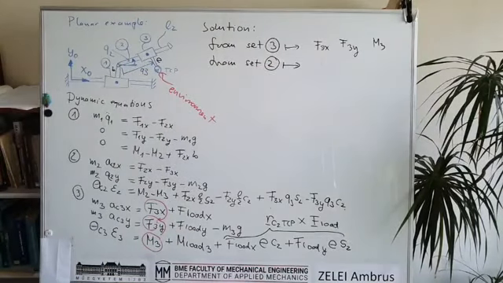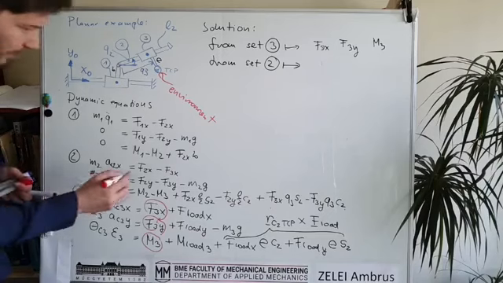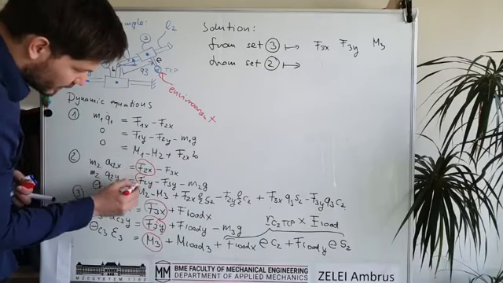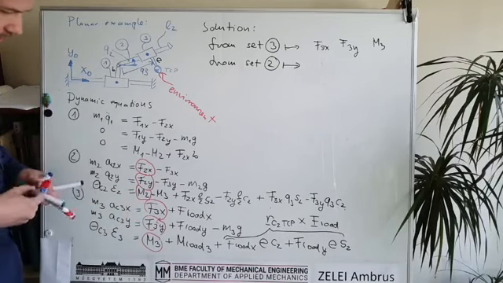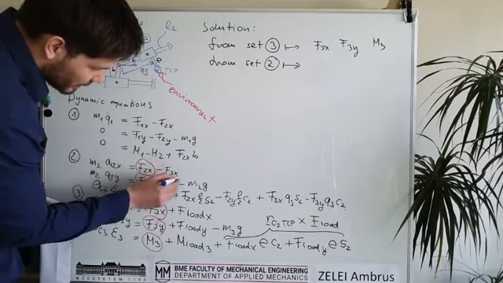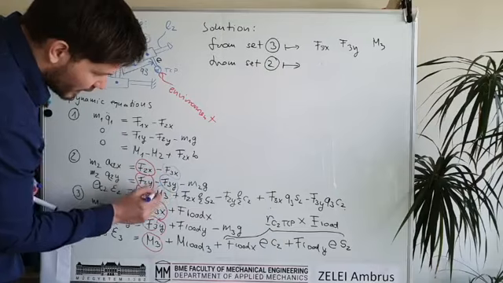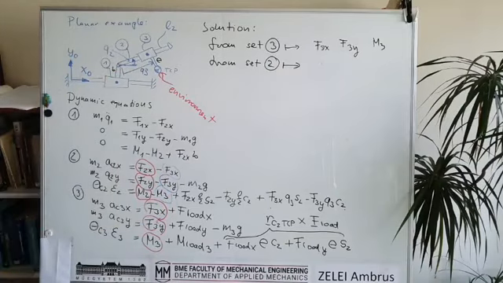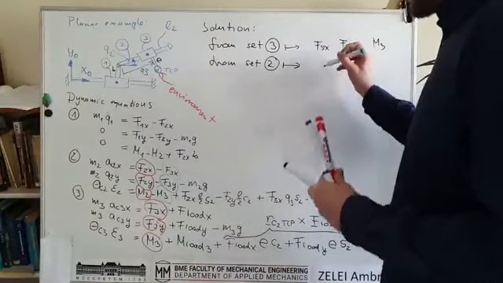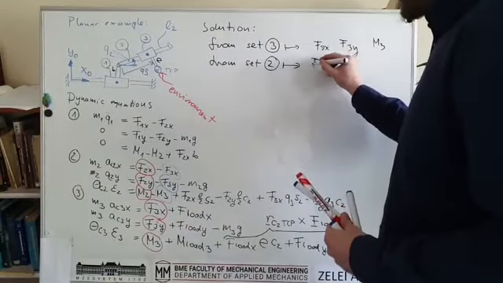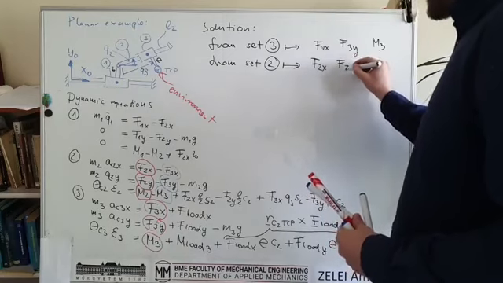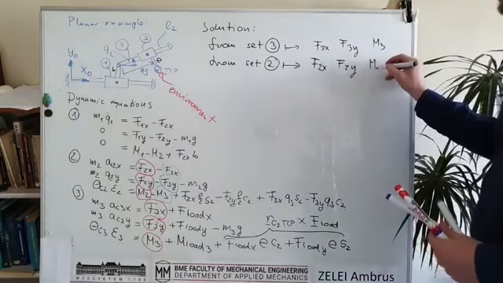From here, again, you can calculate your unknowns, these three, but there are also some unknowns that are already calculated from the third set of equations. So you can calculate the second joint force X component, second joint force Y component, and second joint torque.